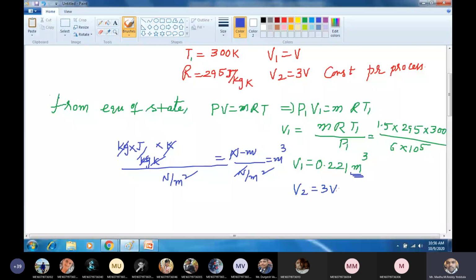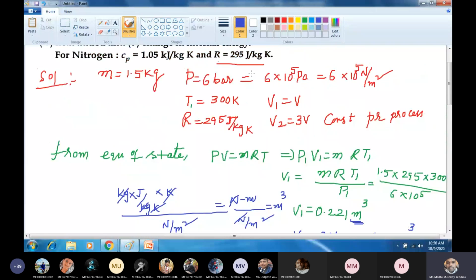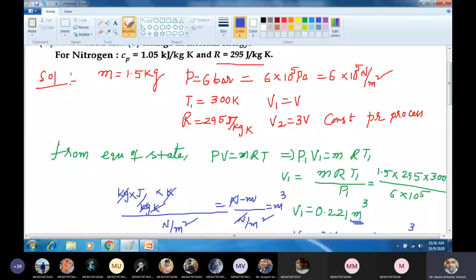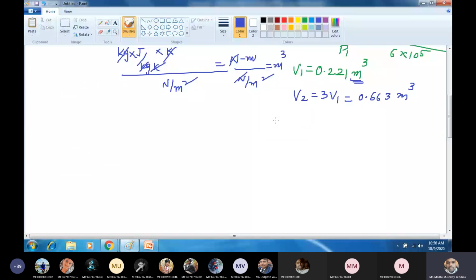Once you know initial volume, what is the final volume? V2 is equal to 3V1, 0.663 meter cube. Next, what is asking? Initial volume, then final temperature. The process is constant pressure process. For constant pressure process, V1 by T1 is equal to V2 by T2.